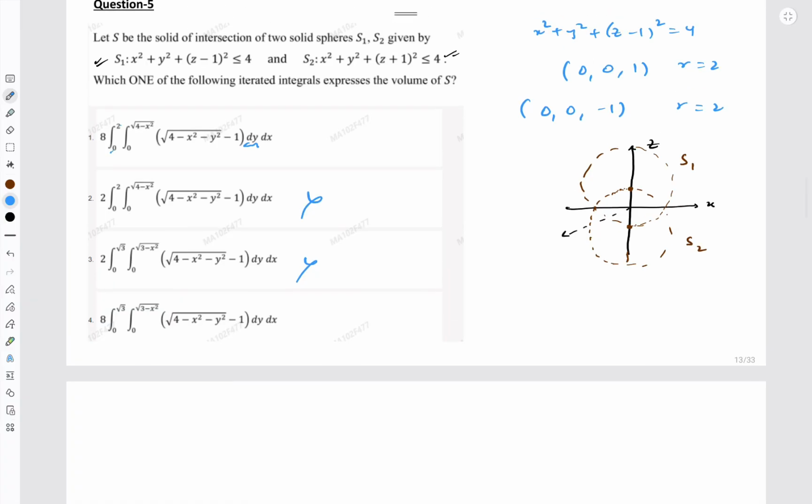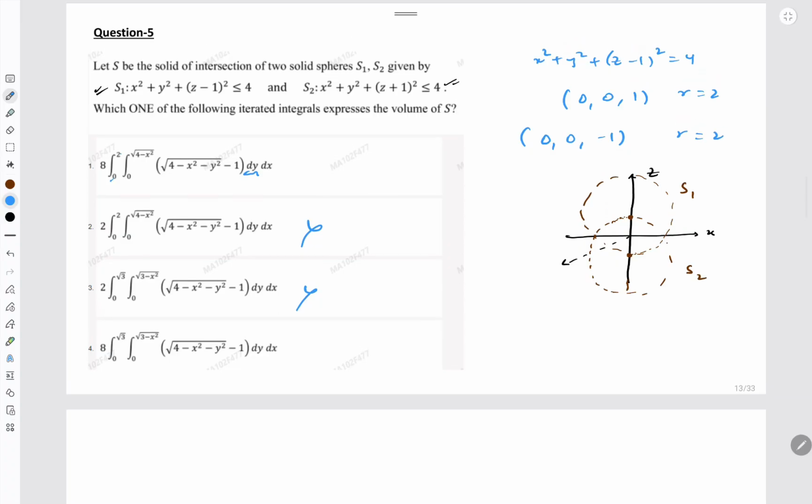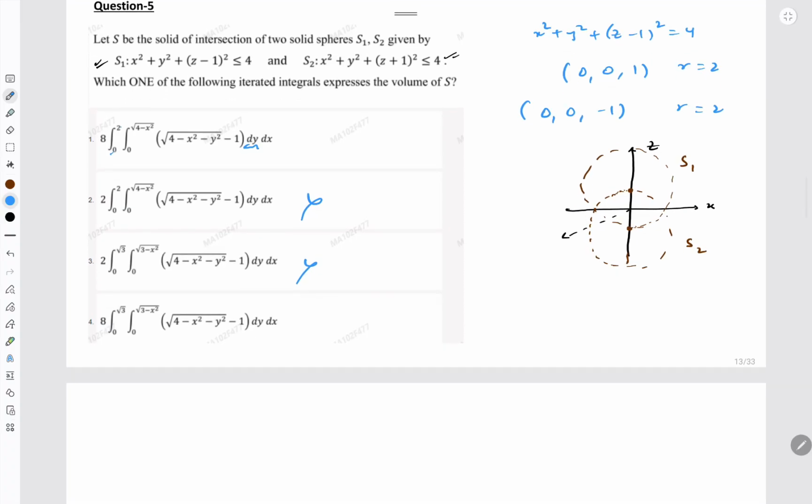Okay, so in this diagram, y is not clearly visible. So let us first find the coordinates of intersection. Here we can see that they will intersect at the x-axis as well, right? So if I put y as 0 and z as 0, because on the x-axis y and z are 0, what will be my value of x?